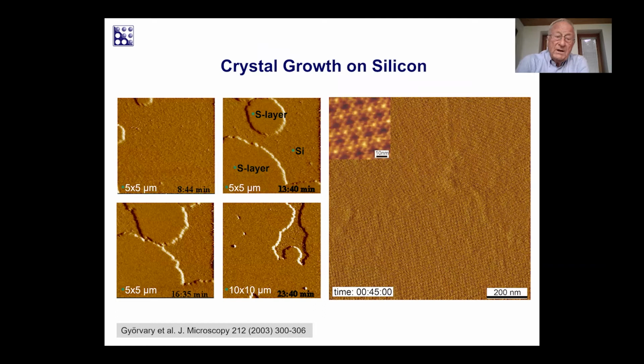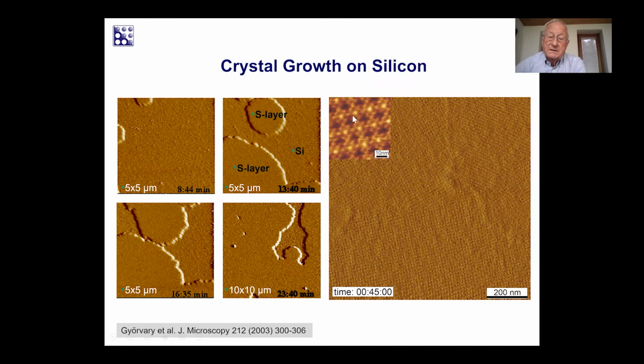The crystallization can also be studied by atomic force microscopy when it occurs on solid supports. Here we have a silicon wafer. We see the nucleation sites here, then the crystals grow until they meet each other, and finally we have the closed surface monolayer, as you see here. Of course, the different orientation of the crystallites is shown here, and this is at higher magnification.